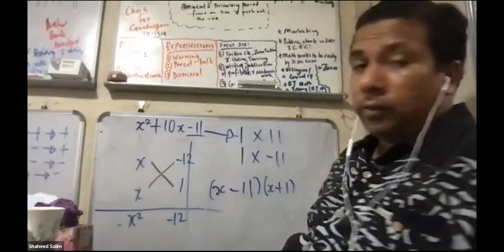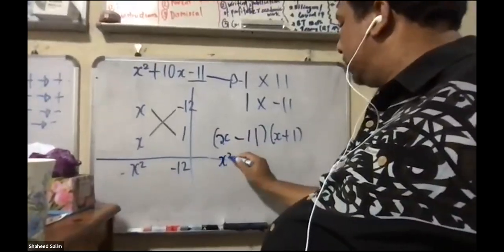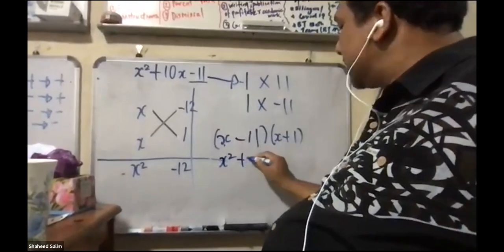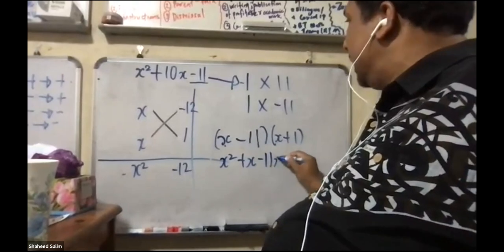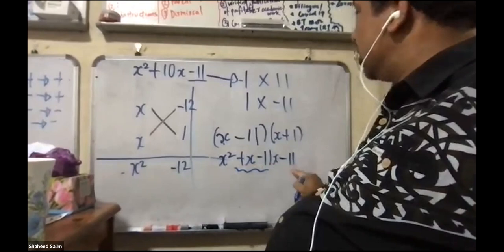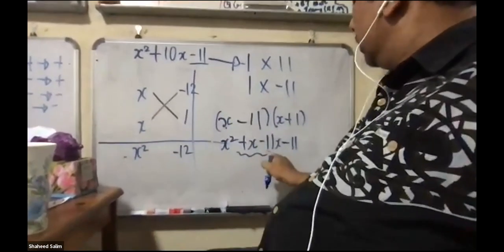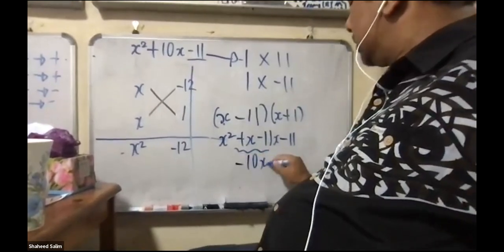Minus 11, x plus 1. Let's see. x times x, x squared. x times 1 plus x. Minus 11 times x, minus 11x. So down here now, this one is correct. Minus 11 is correct. You owe $11, you have $1. You will owe $10.